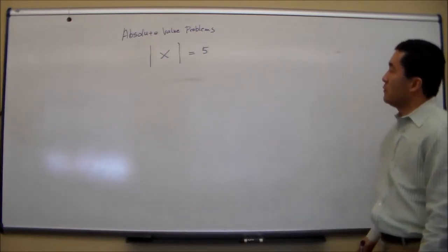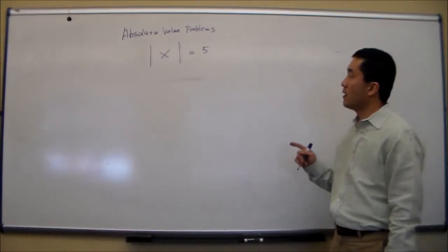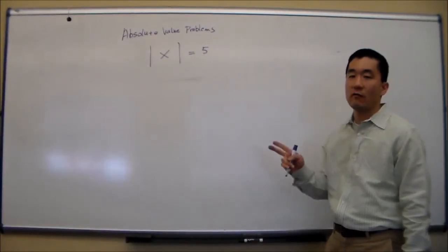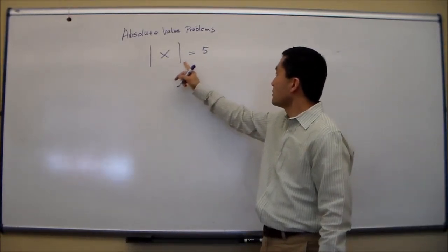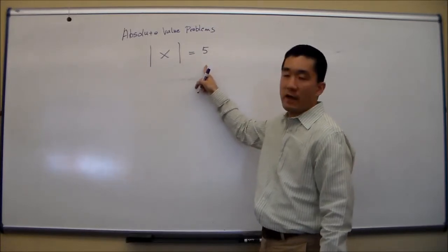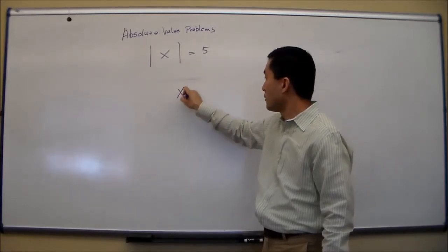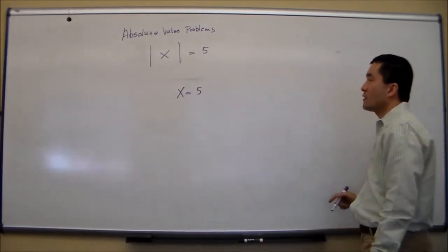Absolute value problems, among other things, are a combination of 2 problems. If I ask you, absolute value of x is equal to 5, what could x be? Well, x could be 5 for one. How about negative 5?